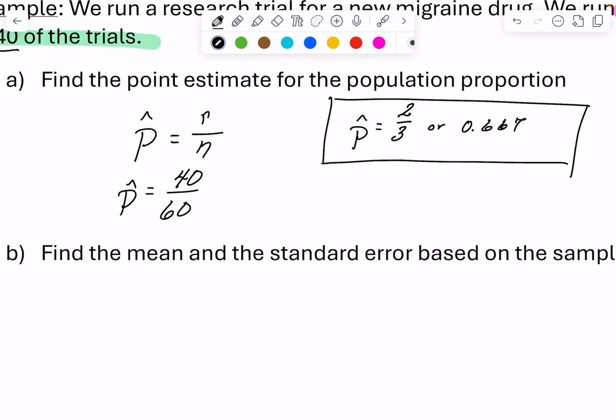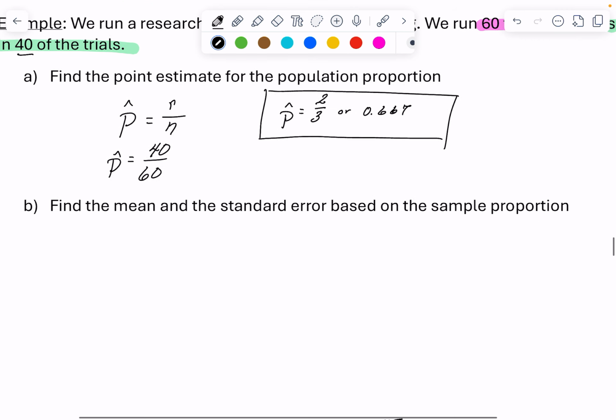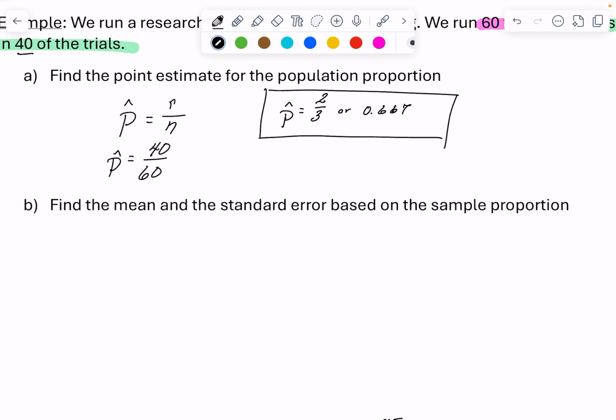Okay. The next part of our example here is to find the mean and the standard error based on the sample proportion. So, as we recall, our mean is going to be equivalent to whatever the population mean is, which is equivalent to our population proportion.